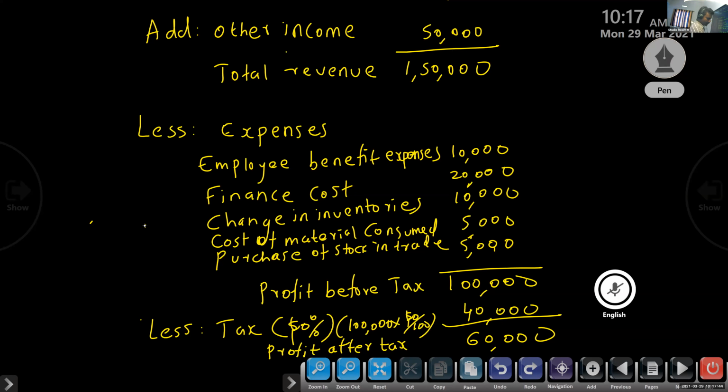Then less expenses, then you will get profit before tax, less tax, then you will get profit after tax. Clear, no?